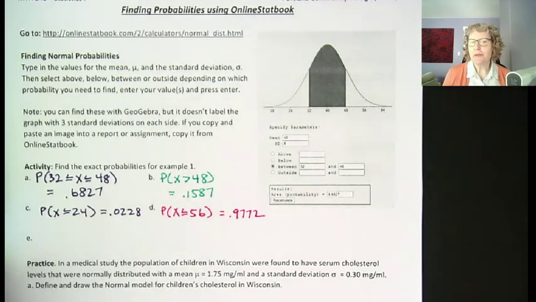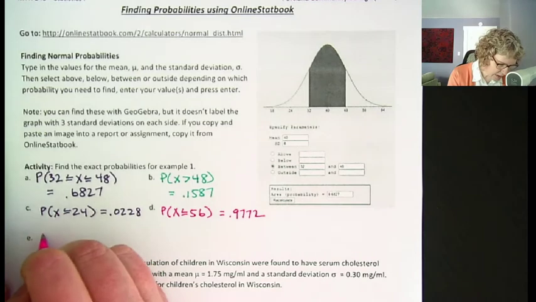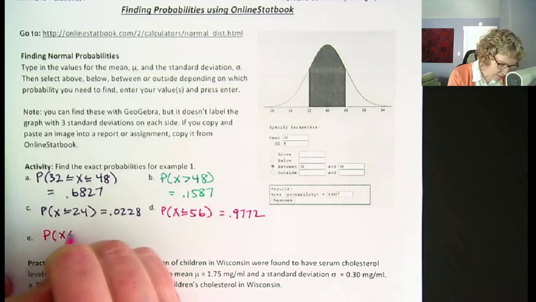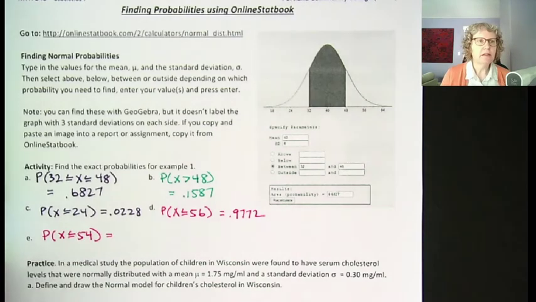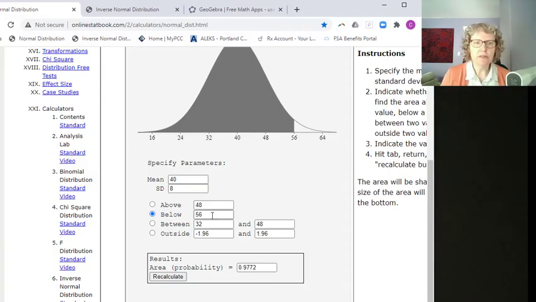And E, remember, E was the one we couldn't do with the empirical rule because it's between two standard deviations. So now we can do this. Probability that the annual rainfall is 54 inches or less. It's a less than or equal, so I'm going to stick with below, and 54 is 0.9599.